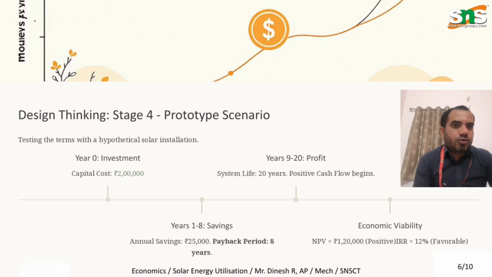After that, the economic viability, for example 12 percent, is favorable. So this map shows the overall prototype scenario of economics-based solar utilization.